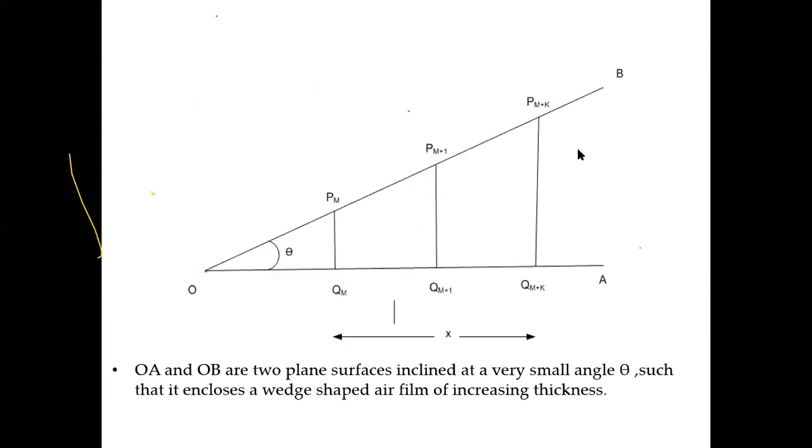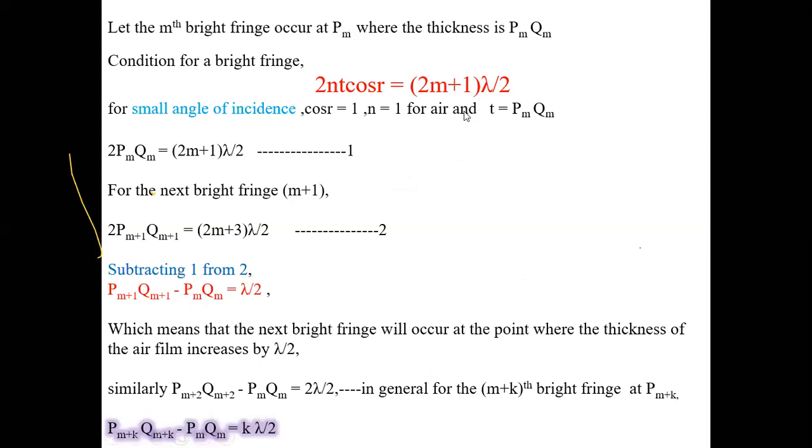Let us now say that at M, the mth bright fringe is formed. Similarly, at M plus 1, the M plus 1th bright fringe is formed. And concluding, at M plus K, the M plus Kth bright fringe is formed. So let us try to understand the derivation of the condition for a bright fringe.